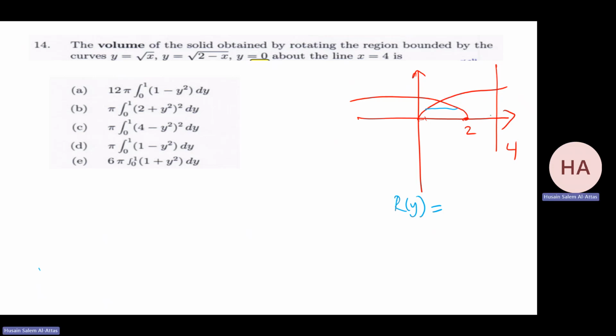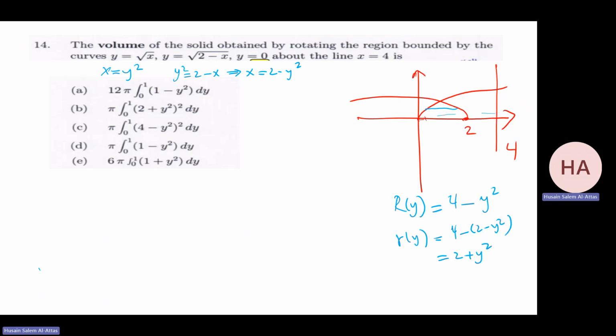If you look at it here, it will be 4 minus, I think I need everything in terms of y. So this means x equals y squared. Here I have y squared equals 2 minus x, so it means x equals 2 minus y squared. So I have 4 minus y squared, and the small one, it will be what? 4 minus (2 minus y squared), which is 2 plus y squared.